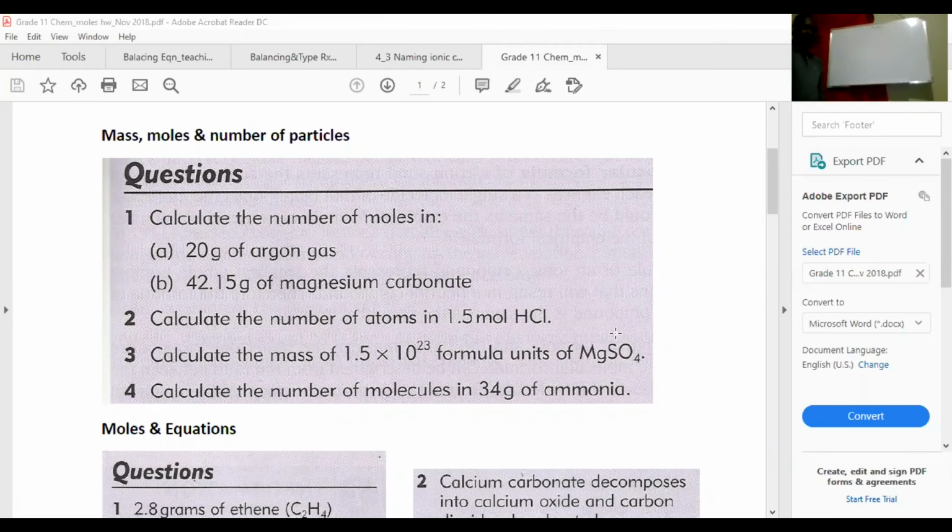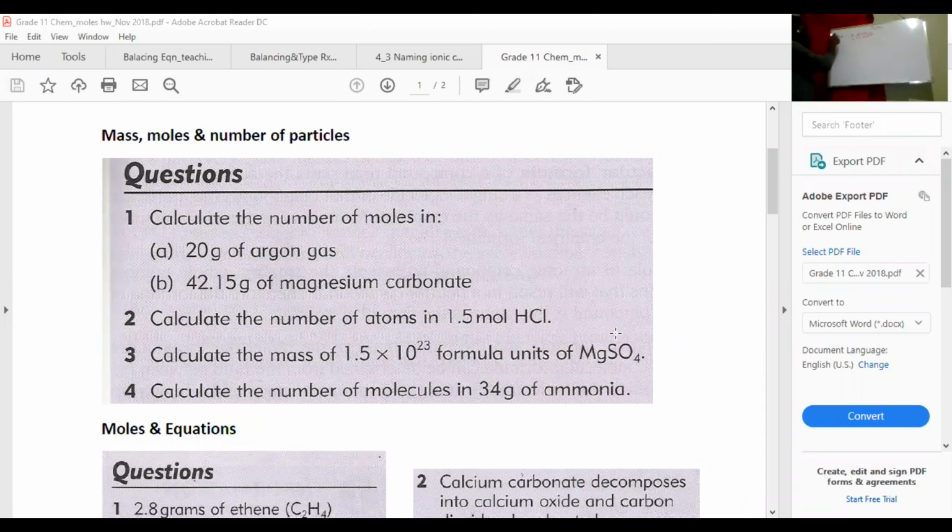So question 2, calculate the number of atoms in 1.5 mole of HCl. So number of atoms, so that means the only equation that has number of atoms is mole is equal to number of atoms divided by Avogadro's number, 6.02 times 10 to the 23, right?